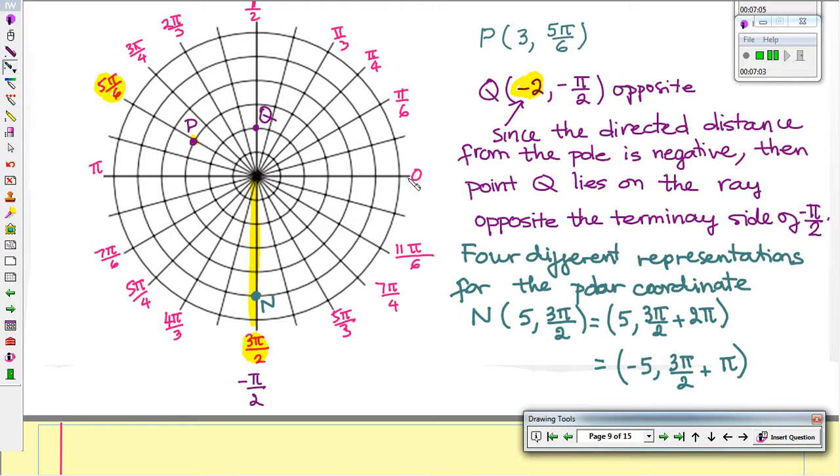Again, from your 0 radian, you go and look at 3 pi over 2. If you add pi, it will end at pi over 2. So it ends here. And then since you have a negative directed distance, the point has to be on the opposite side of your terminal side. So it's not going to be this way, it will be this way. So exactly the same point.